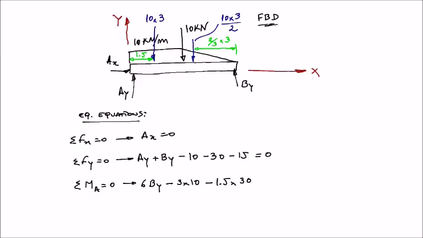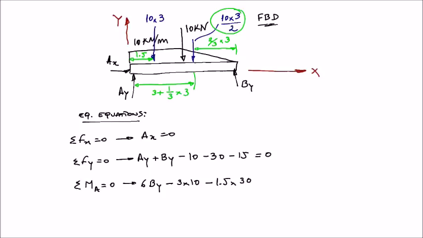And the last moment we need to add is the moment produced by the triangular distributed load, by this equivalent force. And then I need to multiply this by this distance here, which is 3 meters plus 1/3 of 3 meters.